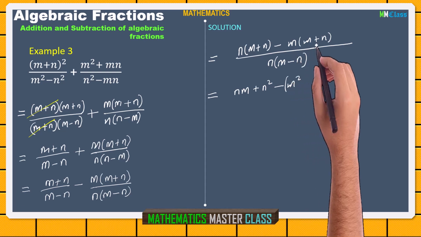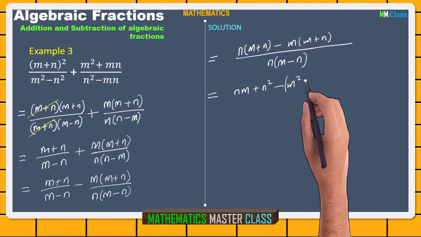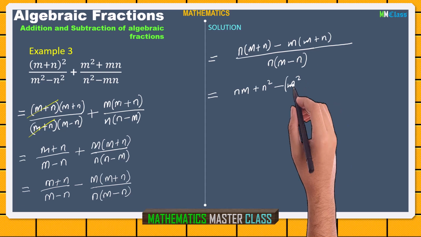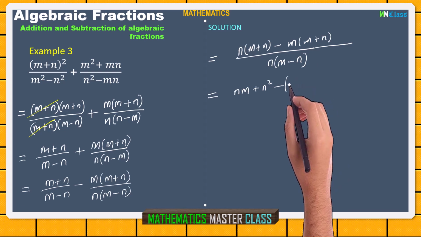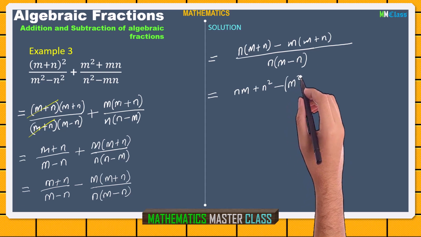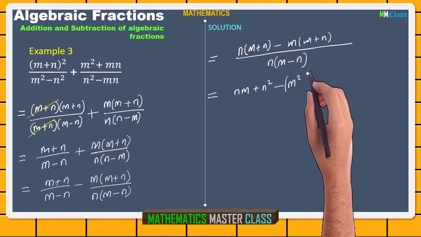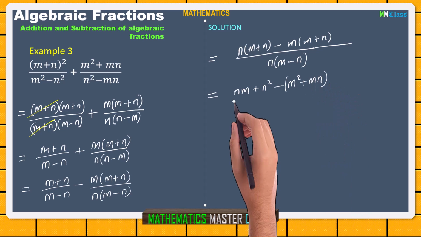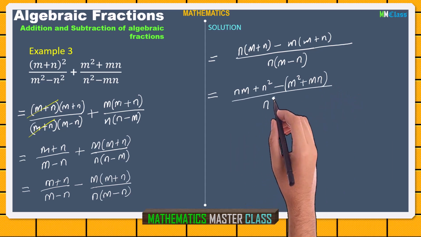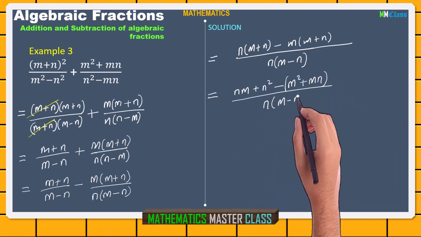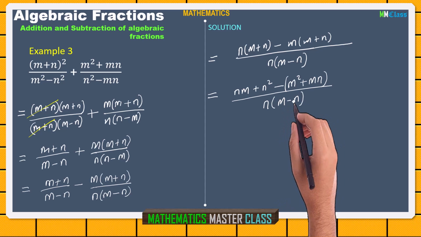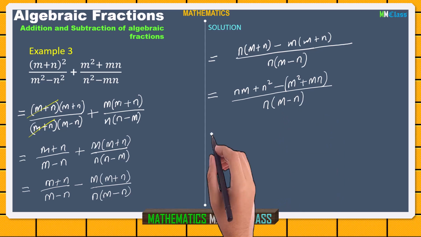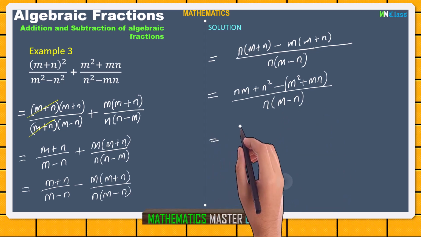Now, m again times plus n will give us plus mn, close the bracket, all over the denominator, n(m minus n). So it is now time for us to remove the bracket from the numerator.